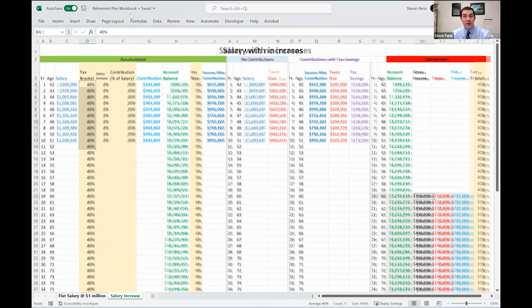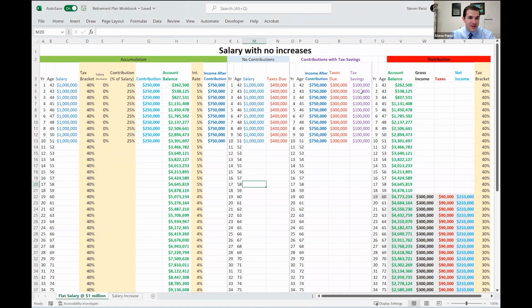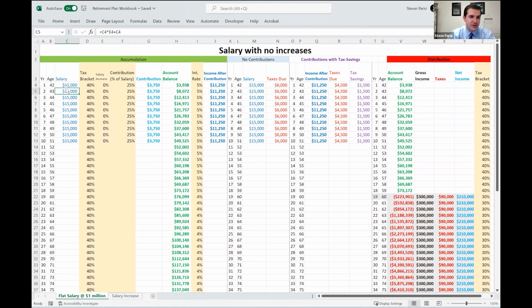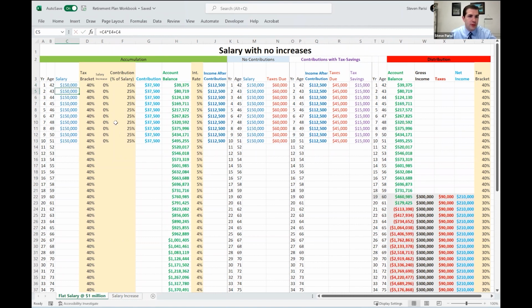All right. What you could also do here, if you've got a client that's not making $1 million per year, but they're earning 150, not 15,000, Steve, 150. And let's assume they're going to work until they're 60. Trying to make it longer here.